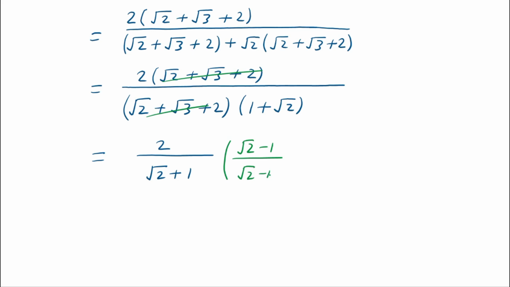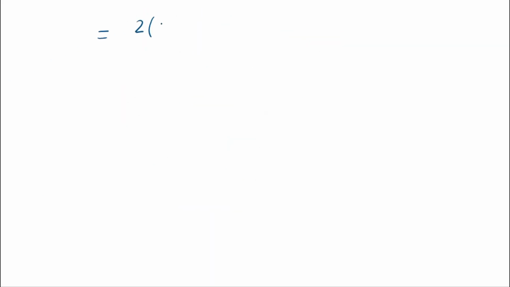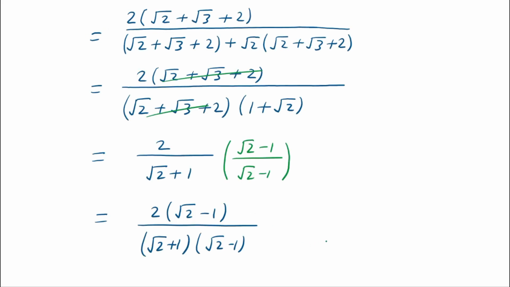divided by square root of 2 minus 1. In the numerator 2 times square root of 2 minus 1, and in the denominator square root of 2 plus 1 multiplied by square root of 2 minus 1. In the denominator we will apply the identity a plus b multiplied by a minus b equals a squared minus b squared.